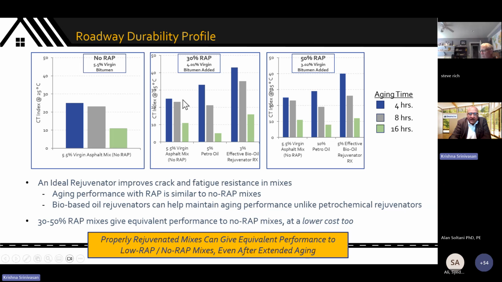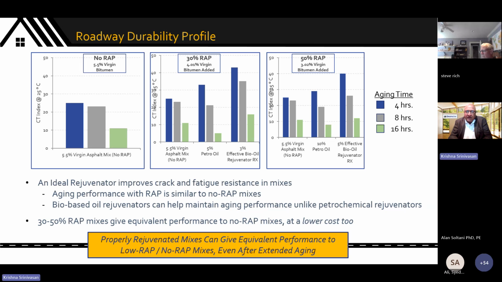We took this data, just put it here, and compared it to two mixes, both with 30% wrap, both with 4% virgin bitumen. In one case, you add 5% of petrochemical oil as your rejuvenator, and in the other case, you added 3% of a bio-based rejuvenator.